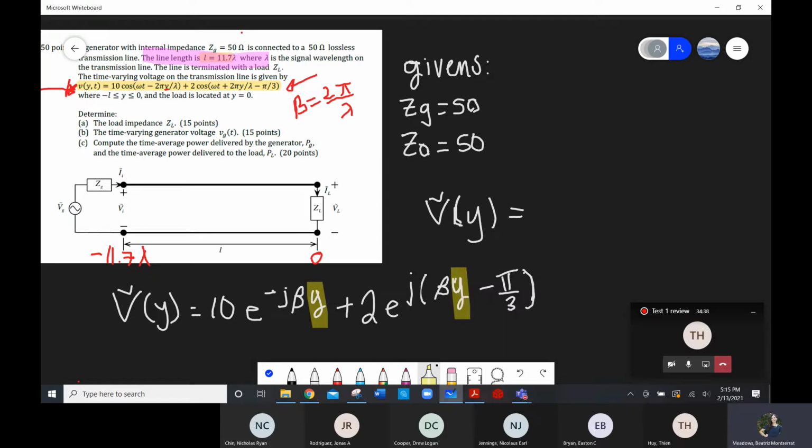What he did on this question is he did it backwards. He gave you a piece of the puzzle, but you still have to unwrap it all. He's gonna give you a little piece and you have to put the pieces together. But basically, your goal is to come up with this equation, which is the voltage at any location.